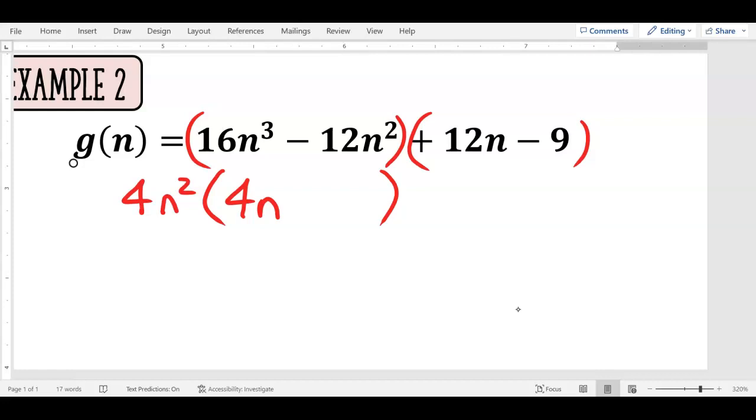Negative 12 divided by 4. Negative 3. So let's write that down. Negative 3. n squared and n squared, when you divide those, they eliminate, so you're just left with minus 3 there.